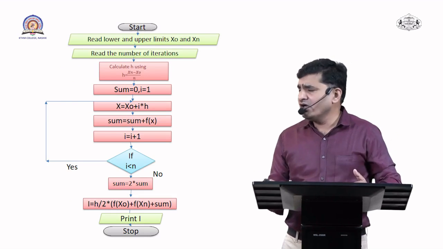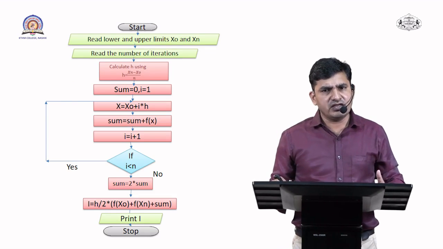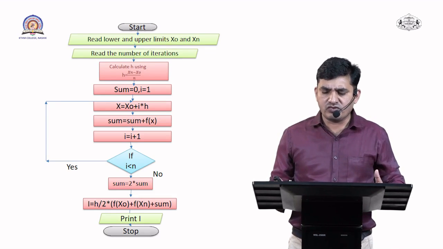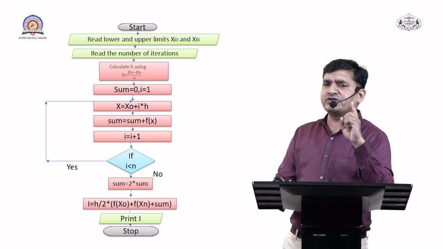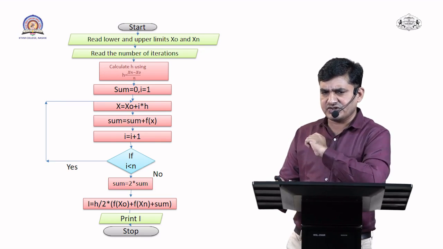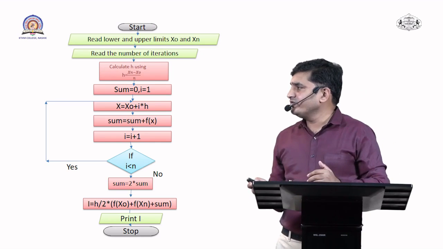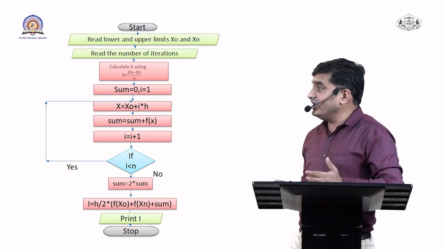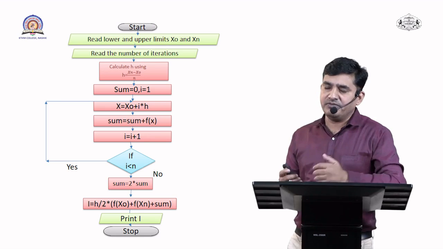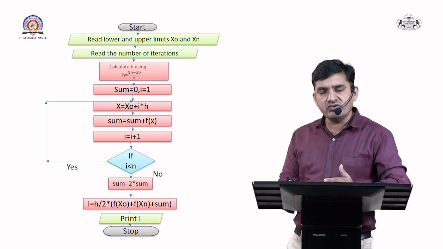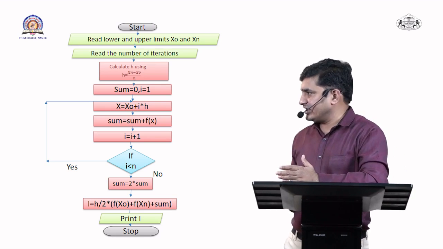Now we have to see what the flowchart for this trapezoidal rule is. A flowchart is a pictorial representation of an instruction. The first step is start, then read the lower limit and upper limit. Lower limit is x0, upper limit is xn.